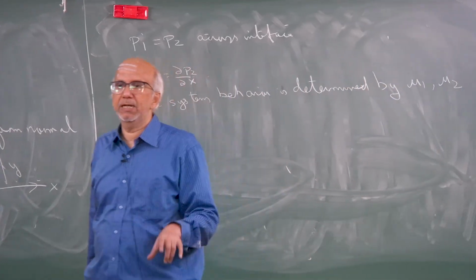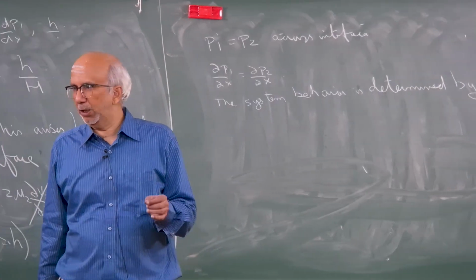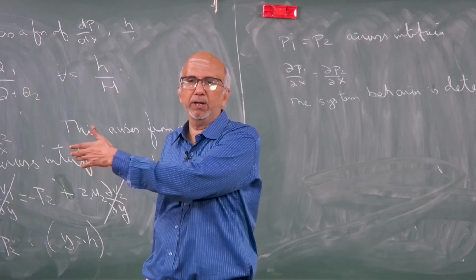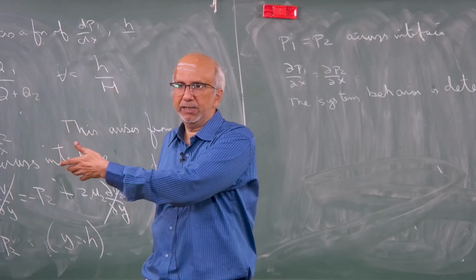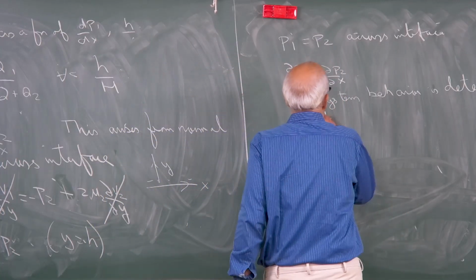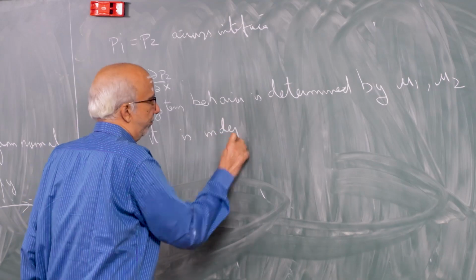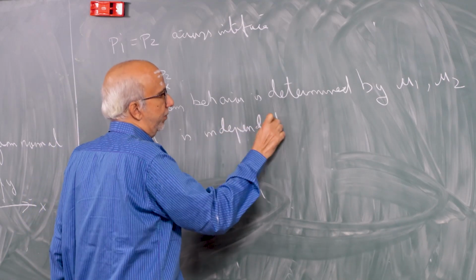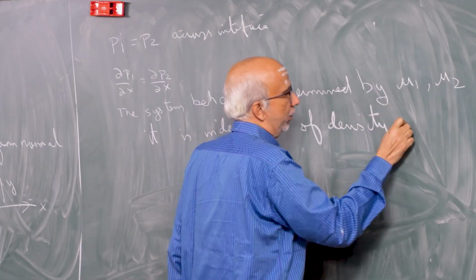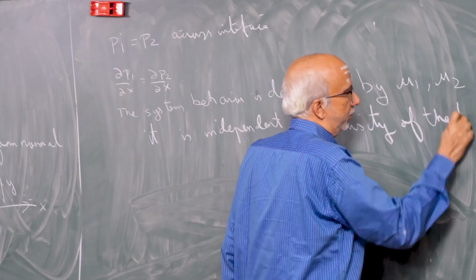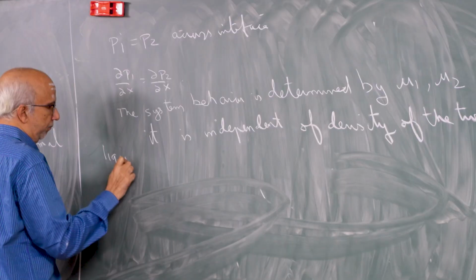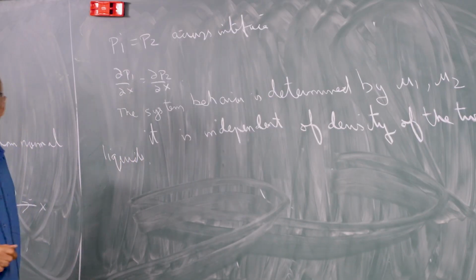The density does not show up. It is independent of the densities of the two fluids, because the density was multiplying the inertial terms on the left hand side, and those disappeared. It is independent of the density of the two liquids.